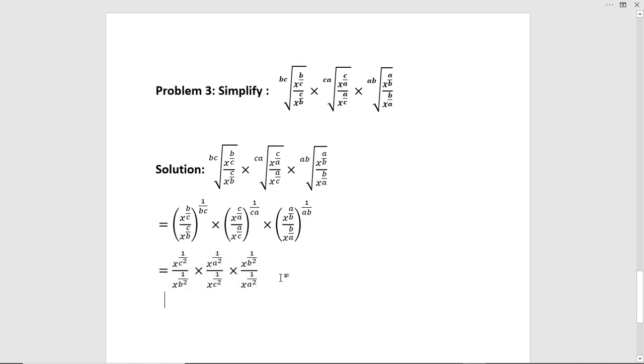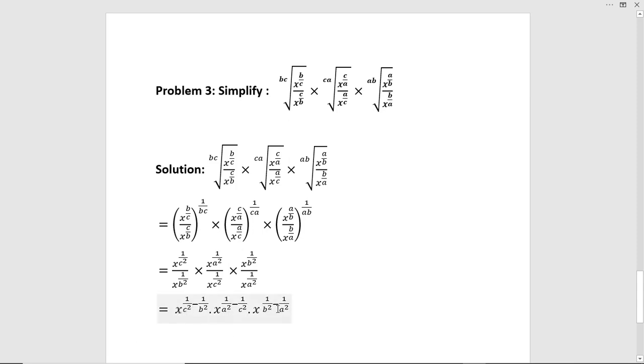Now we have the bases common. x is the common base, so we can subtract the powers here. So we can write like this: x to the power 1 by c squared minus 1 by b squared, x to the power 1 by a squared minus 1 by c squared, and x to the power 1 by b squared minus 1 by a squared.